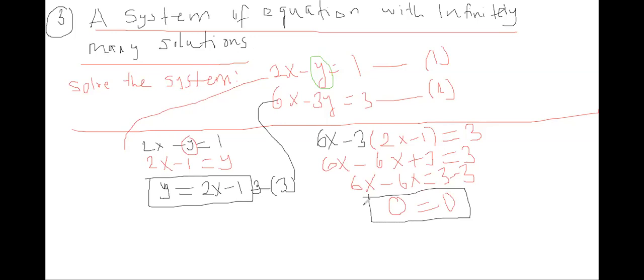So if you are solving a system of equations and you come across an equation whereby there is no variable, and the left and right sides of the equation are both 0, then you can conclude that the system has infinitely many solutions, meaning that the system has many solutions.